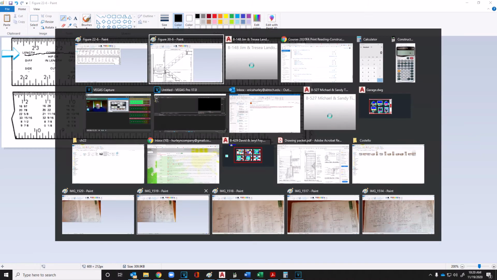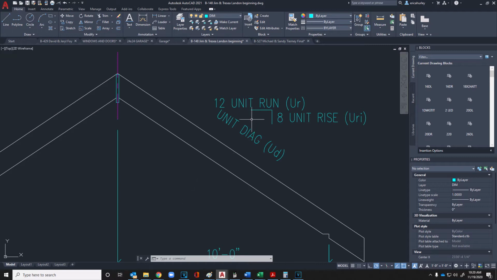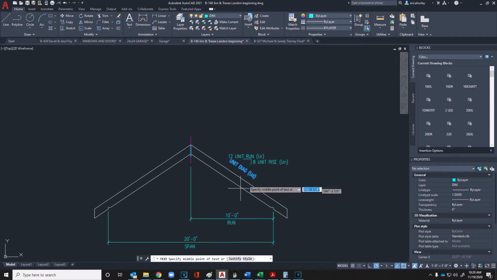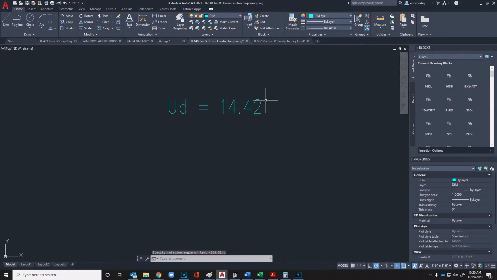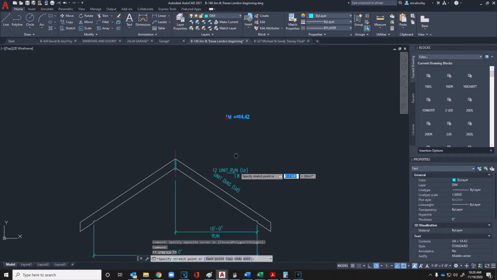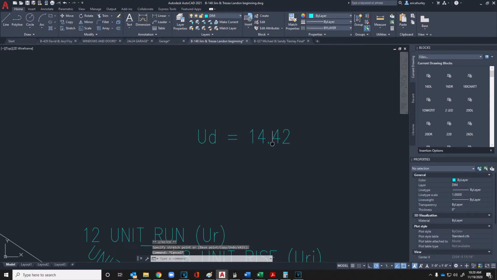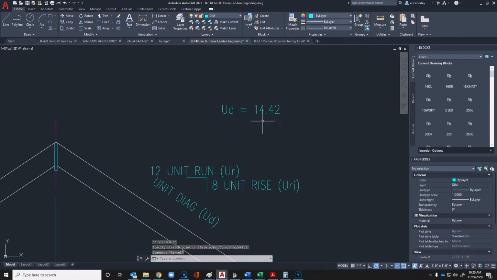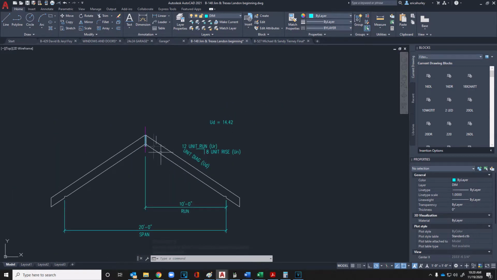So what that's saying is that we're going to end up with a UD equal to 14.42. All right, so this number here is a very broad number. In other words, we can improve on this number very greatly to end up with better, more accurate measurements, and we'll see how that works out.